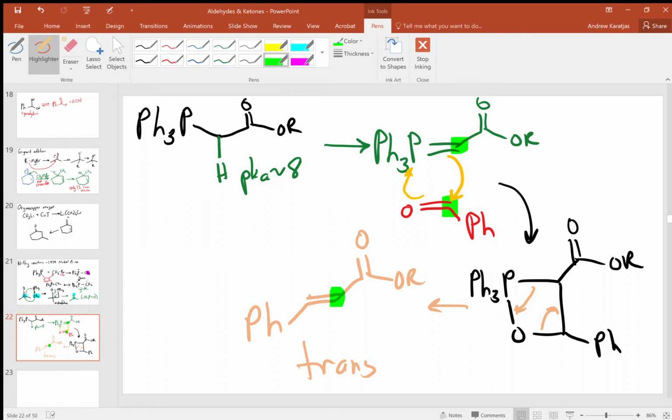Now, we haven't learned reactions of esters yet, but as we'll see coming up soon, there's a large number of different things that you can do with esters. And so the Wittig reaction for synthesis ends up being a very, very powerful reaction that leads us in a number of different directions.